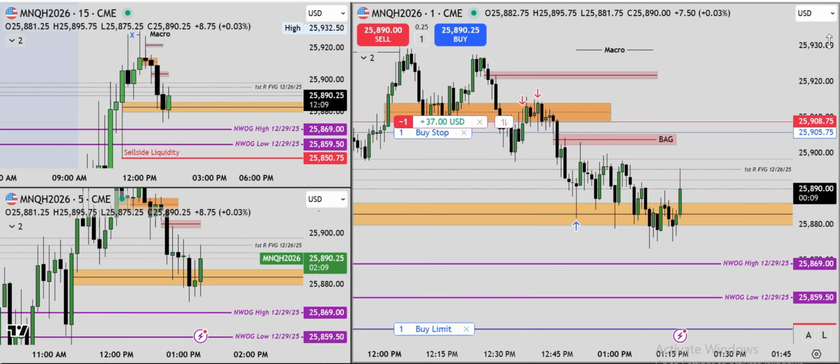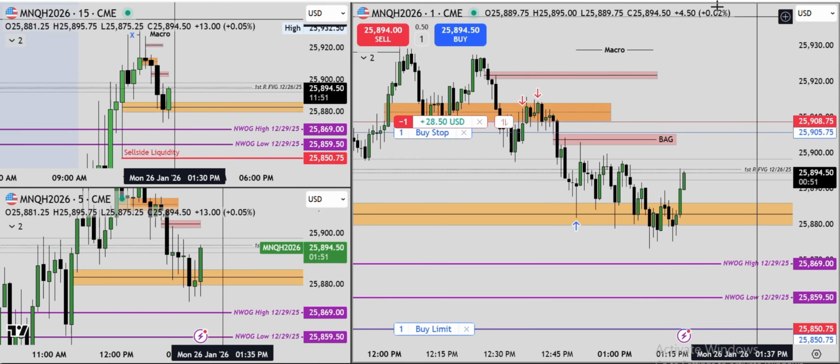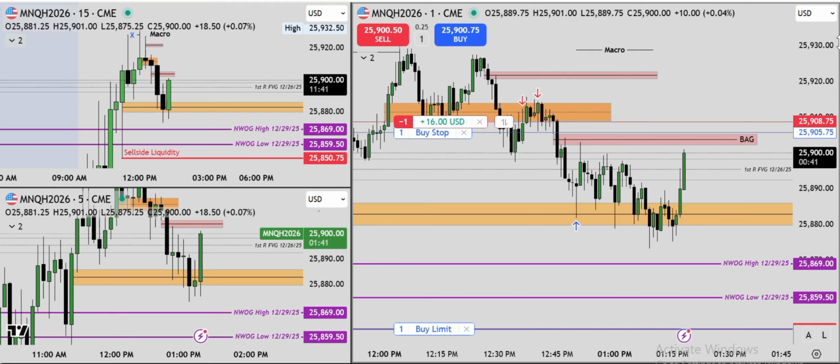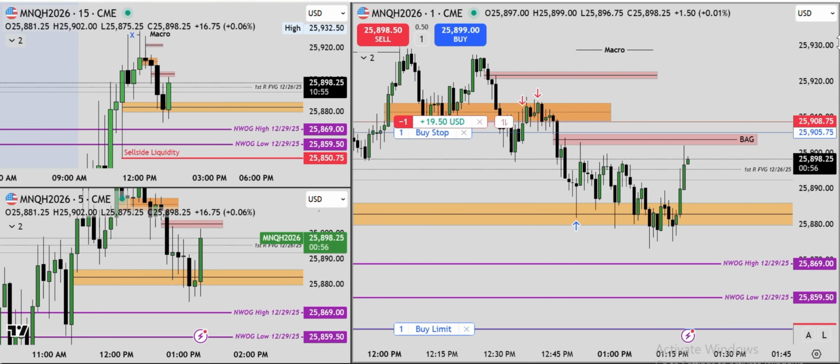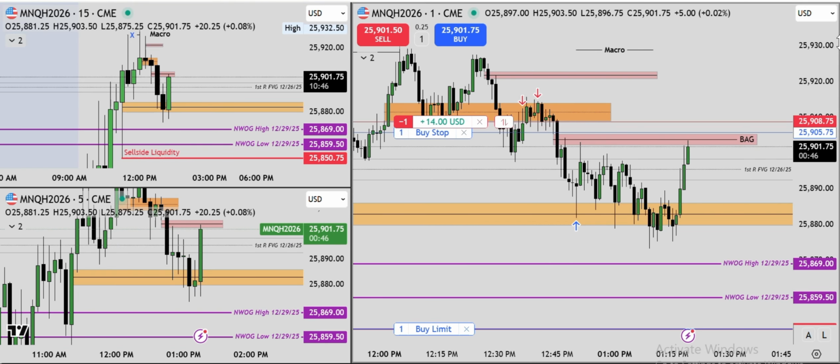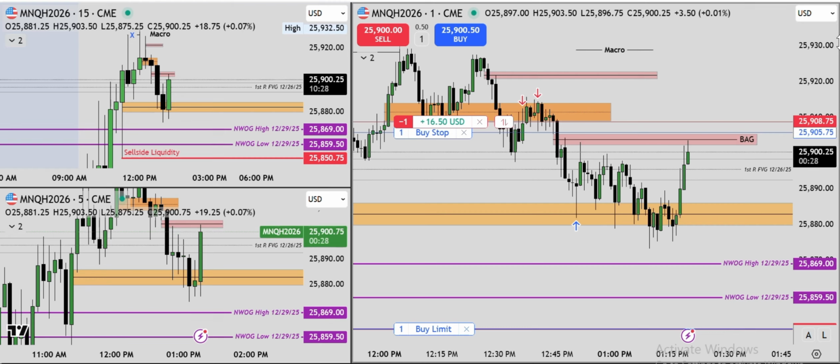And this is where I'm like, okay, there's a chance of me getting stopped out here. I didn't like that candle. Again, I'm not going to roll my stop back or anything. I'm just going to let it play out because it could reach into that breakaway gap and then continue downward. But it was such an energetic candle that I'm pretty sure I was going to get stopped out.